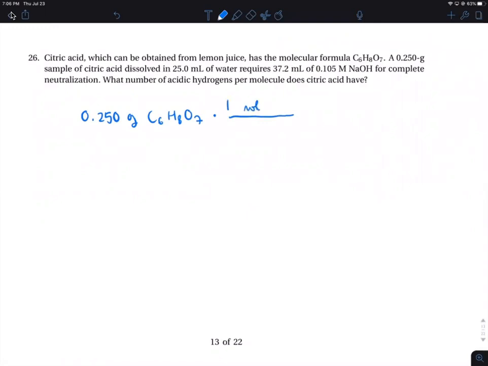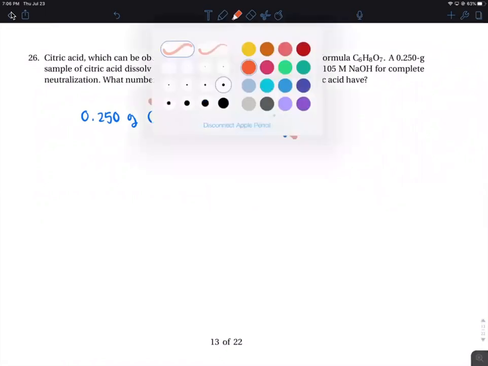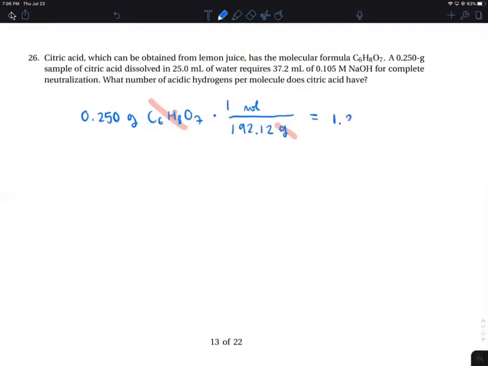Its molar mass is going to be 192.12 grams. We can cancel the units, and we should get around 1.30 times 10 to the minus 3 moles of C6H8O7.